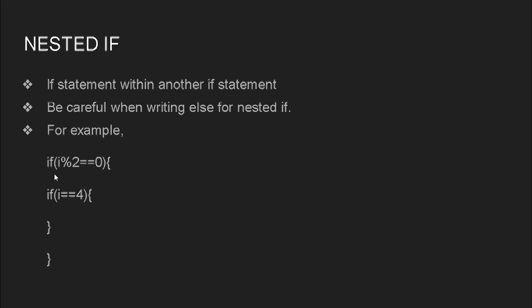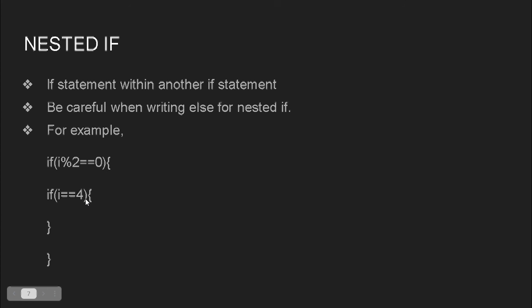Now let us see how exactly this particular code is working. Let us assume that the value of i is an even number. If i is an even number, then this particular statement will become true. If this statement becomes true, then the program will go to this particular line, if i equals 4, and check whether the value of i equals 4 or not.